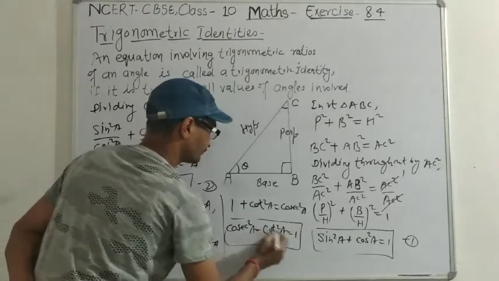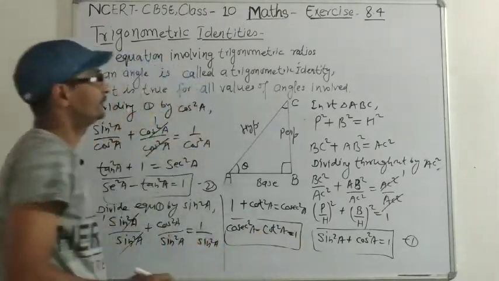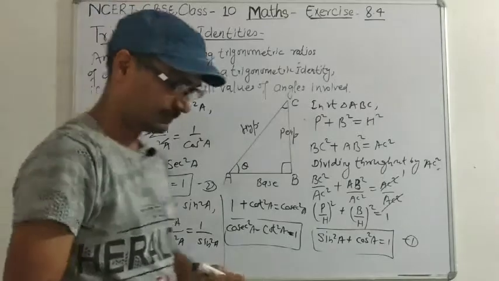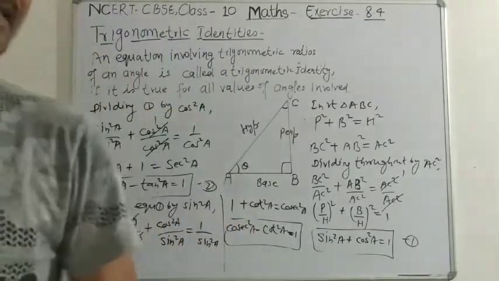So these are the three identities you should learn. These are very important identities.